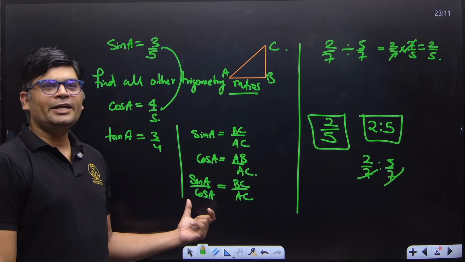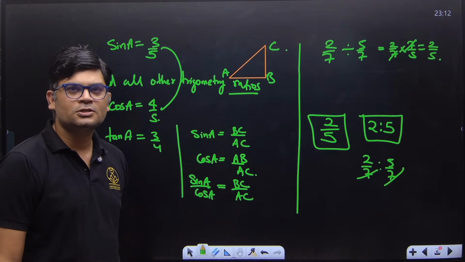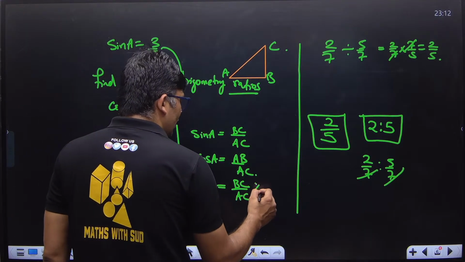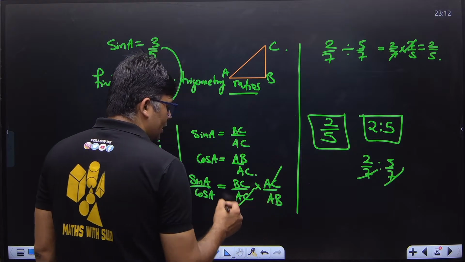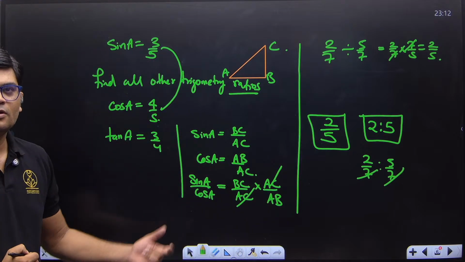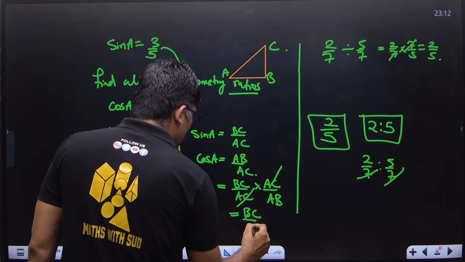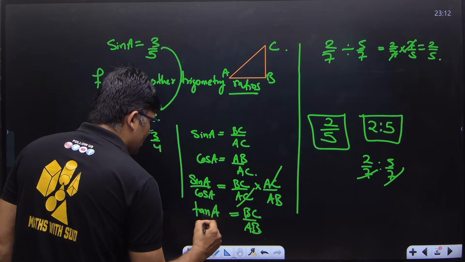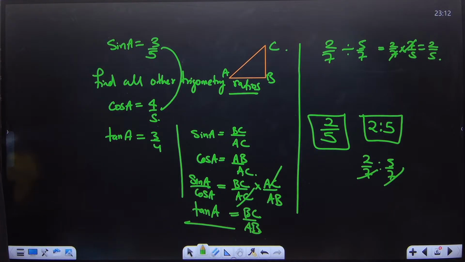And since you are dividing it by cos, that means we are multiplying by the reciprocal of cos. So what is the reciprocal of cos? It is AC upon AB. AC will get cancelled out. So it is BC upon AB, which is tan A. Please write down. Make a note of it.